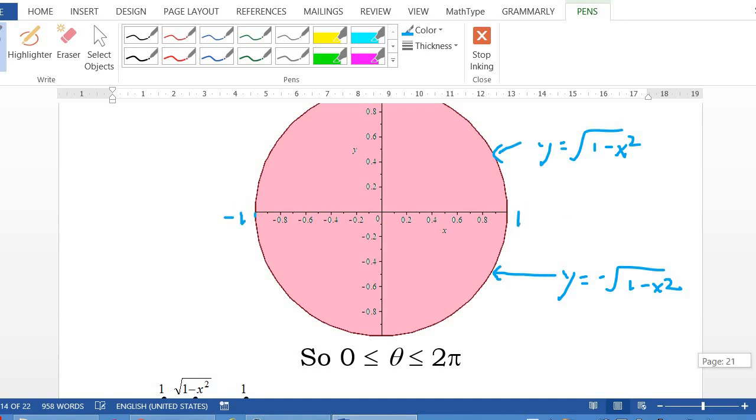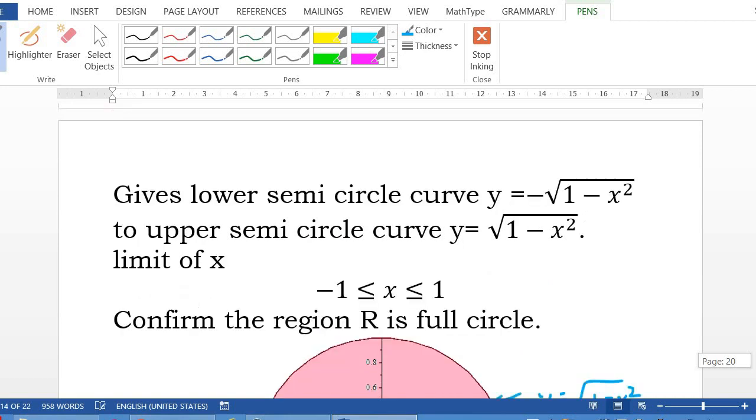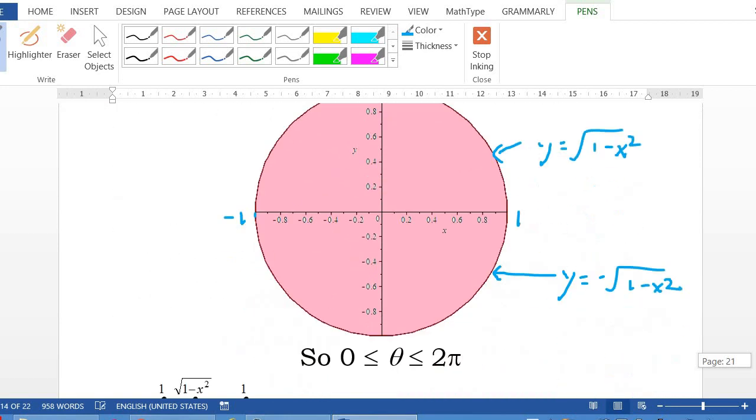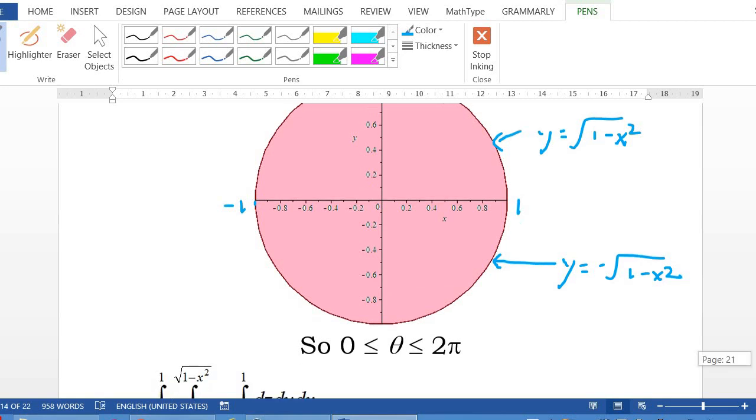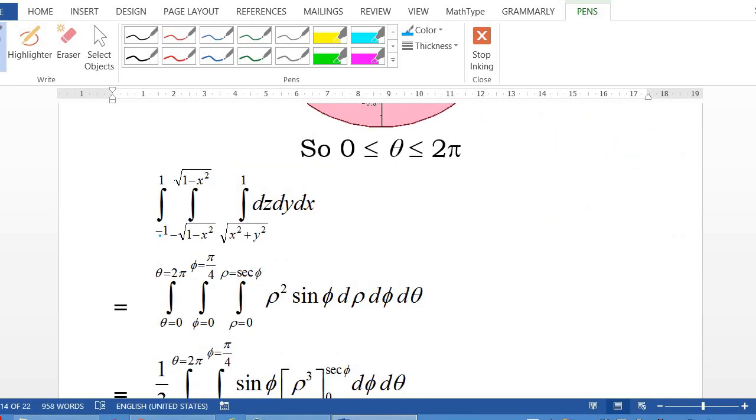Okay, the limit for x is from negative 1 to 1. Hence, it tells you this is a full circle with radius 1 unit, with y going from the lower semicircle curve until the upper semicircle curve.